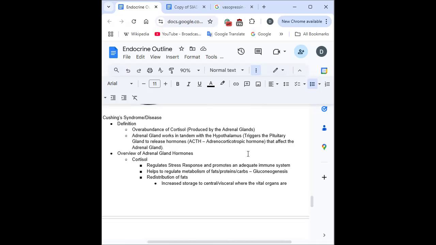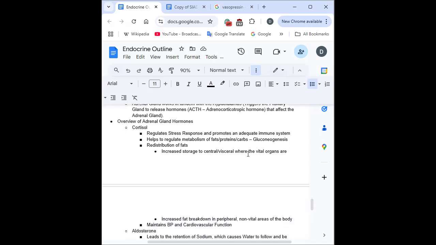So we're seeing the hypothalamus and pituitary gland working together again to release a hormone that you don't need to know in too much detail, that tells your adrenal glands to release some of its other hormones. The end all be all is that Cushing's disease is when you have too much cortisol, and cortisol is made by the adrenal glands. That is your fight or flight hormone.